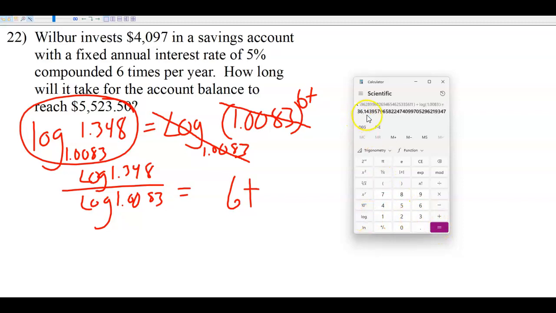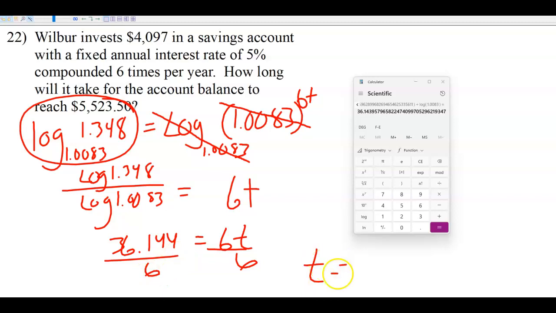And I'm getting about 36.144. And then from there, we're good to just solve by dividing by 6, which is going to be something pretty close to 6. Let's see. I think it's 6.024.